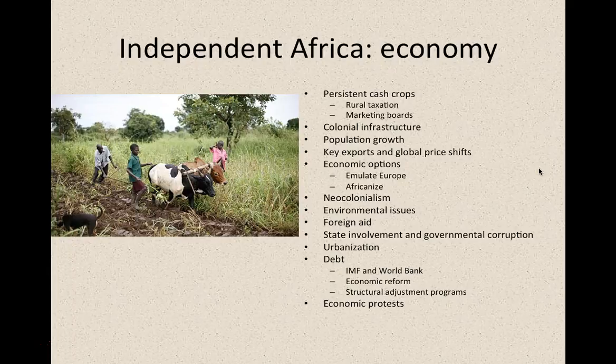Well, most of these African countries started from almost nothing, except for the few institutions that had been controlled by Europeans. And so they were a long way from being able to emulate Europe. The other possibility was to try to do something that was quintessentially African, to Africanize, as it were, their economy.